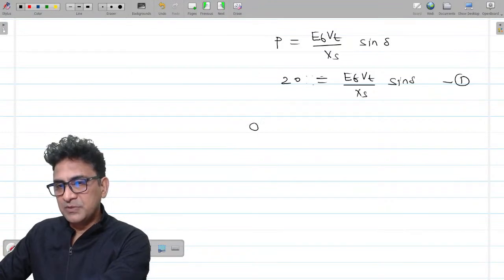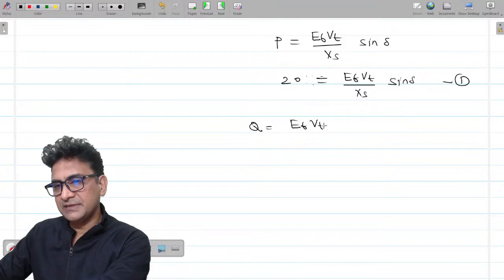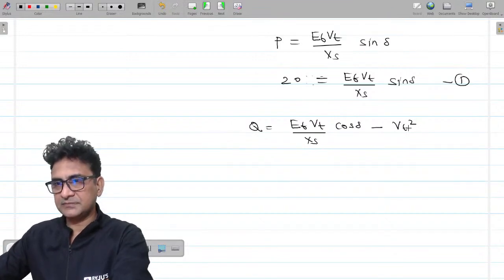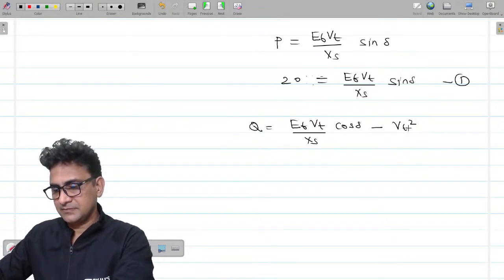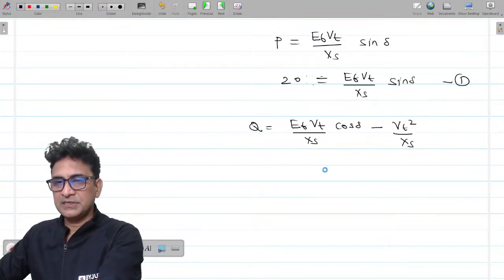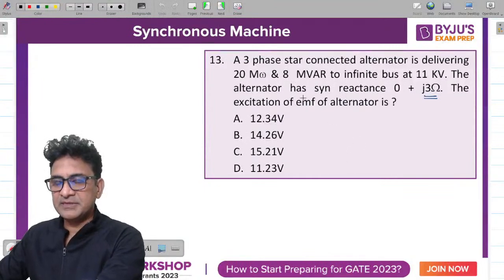Now what is the formula to find the value of reactive power? It is EF VT divided by XS into cos delta, minus VT square divided by XS. The reactive power is 8 MVAr.